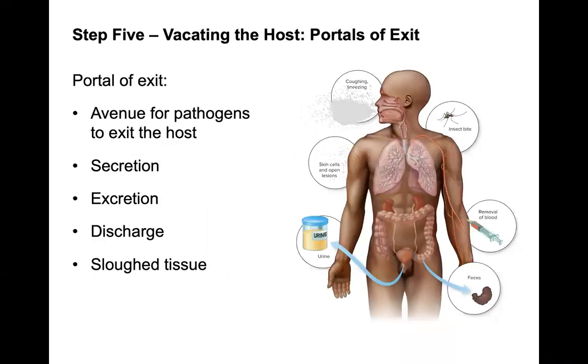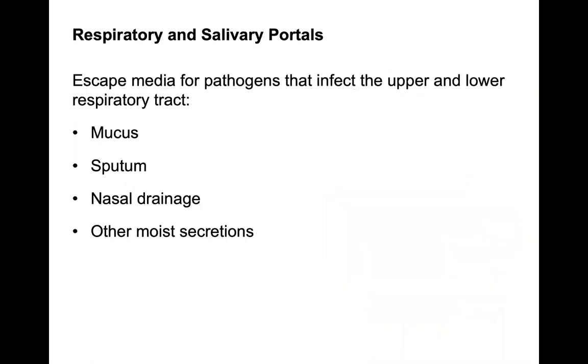So now once you've gotten in, you have adhered to the host surfaces, you've evaded host defenses, and you've caused damage. With those 4 steps, step 5 is vacating the host by portals of exit. The portals of exit for pathogens to exit the host would be secretion, excretion, discharge, or slough tissues.